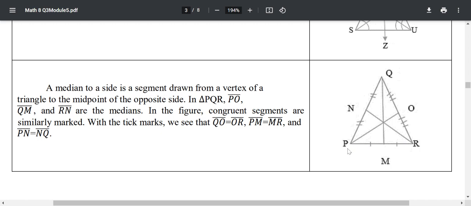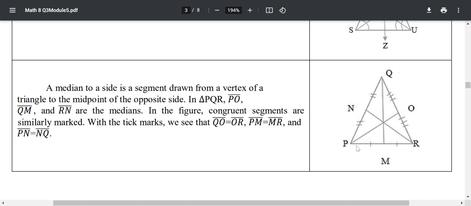So in this example, triangle PQR, here at vertex Q, this line segment QM is a median because from the vertex Q to its opposite side PR, it lands in the middle. And then side PR is divided into two equal parts.